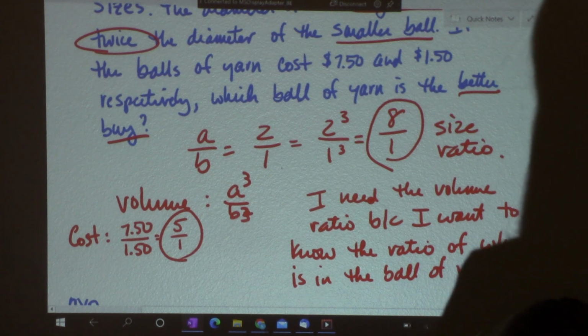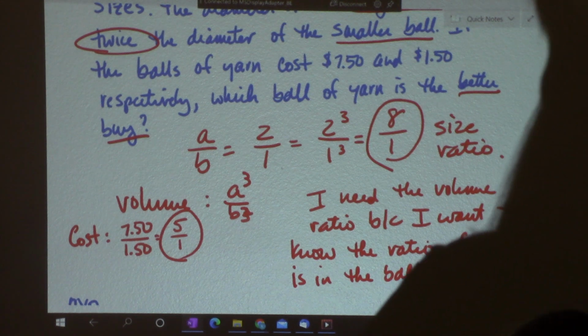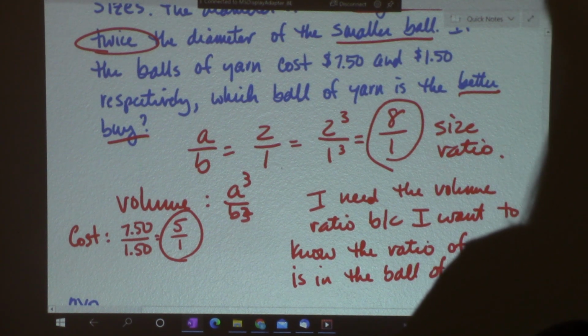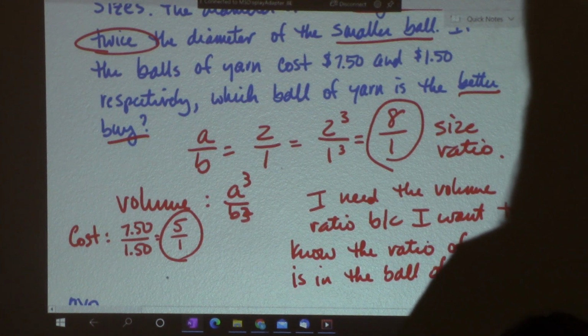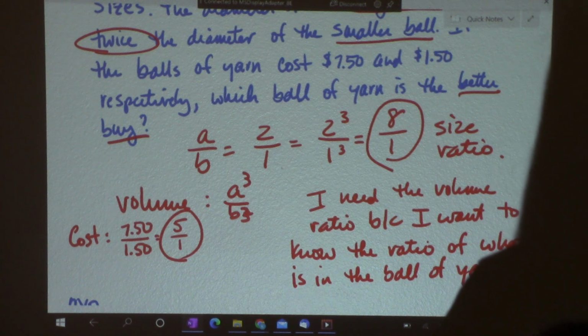So if I'm going from smaller to larger, let's look at this. The larger one is 8 times bigger. We said that already. If I'm going by cost, the price increases 5 times. So actually, the volume increase is larger than the price increase.